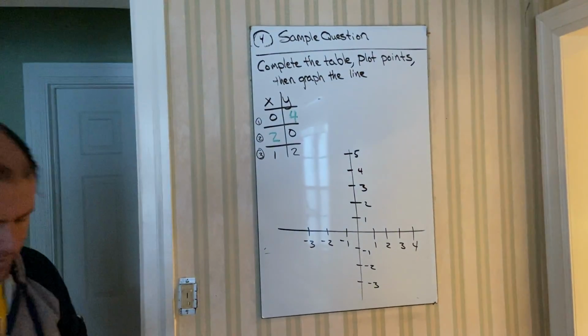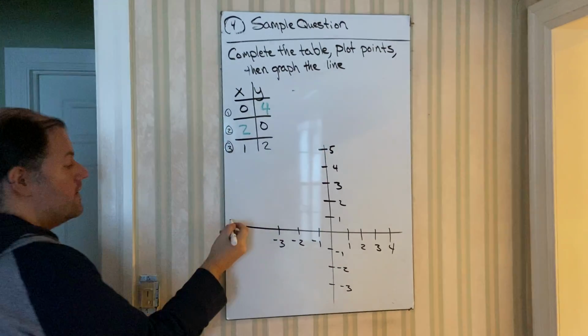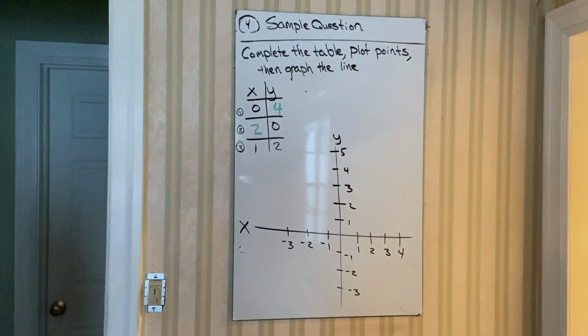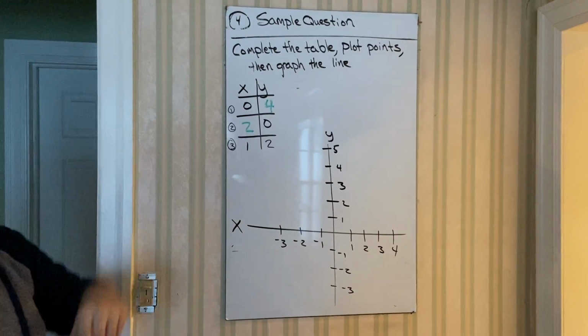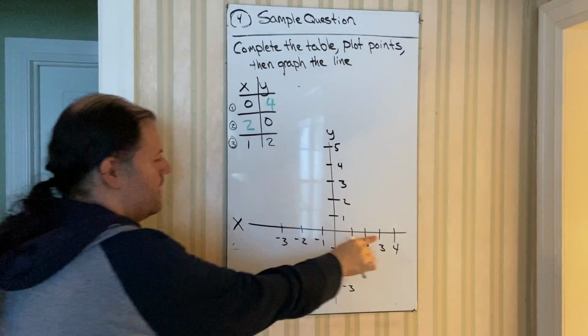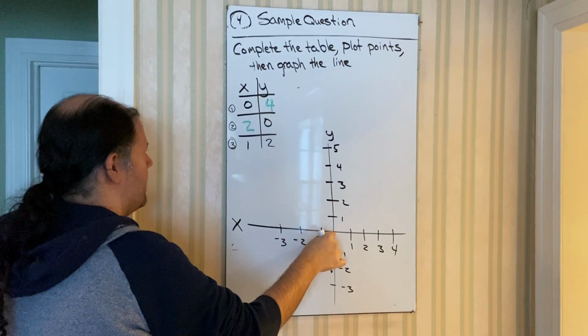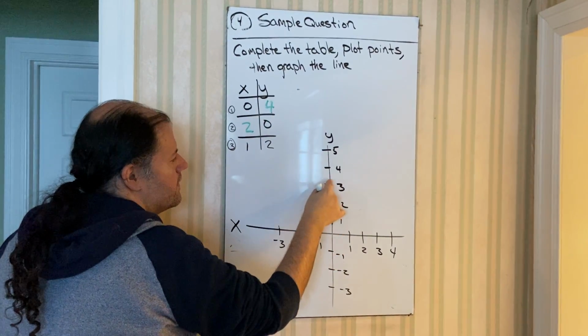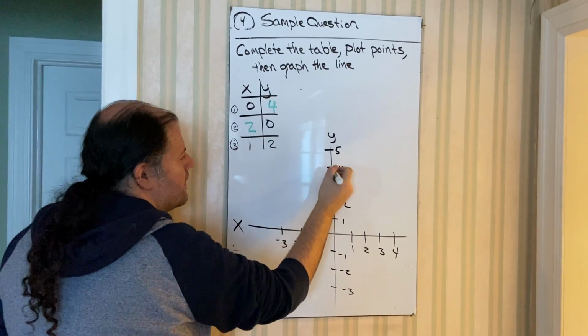Okay, so let's plot those points. You already know that this is your x line, this is your y line. To plot a point, we said find your x first on this x line. 0 would be right here, and then 4 tells me go up 4 units. 1, 2, 3, 4 from where I rest my finger.